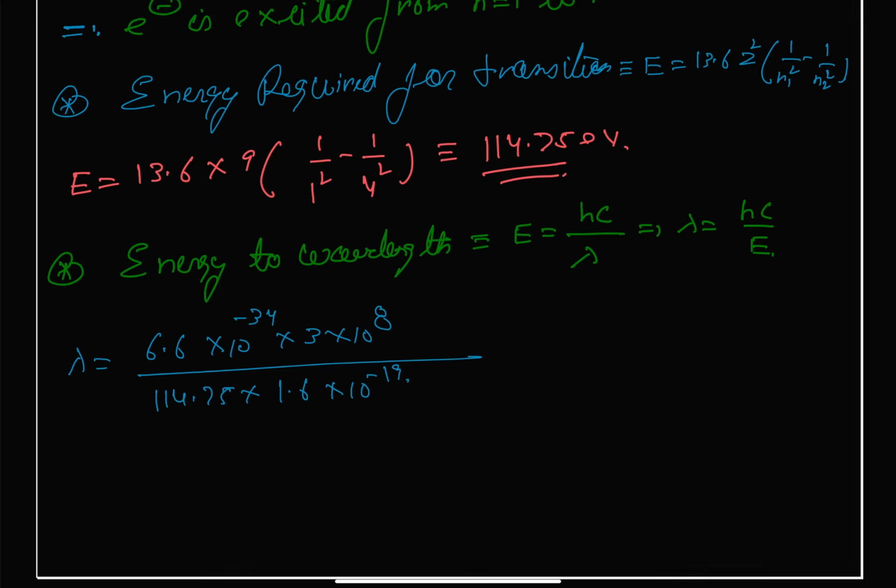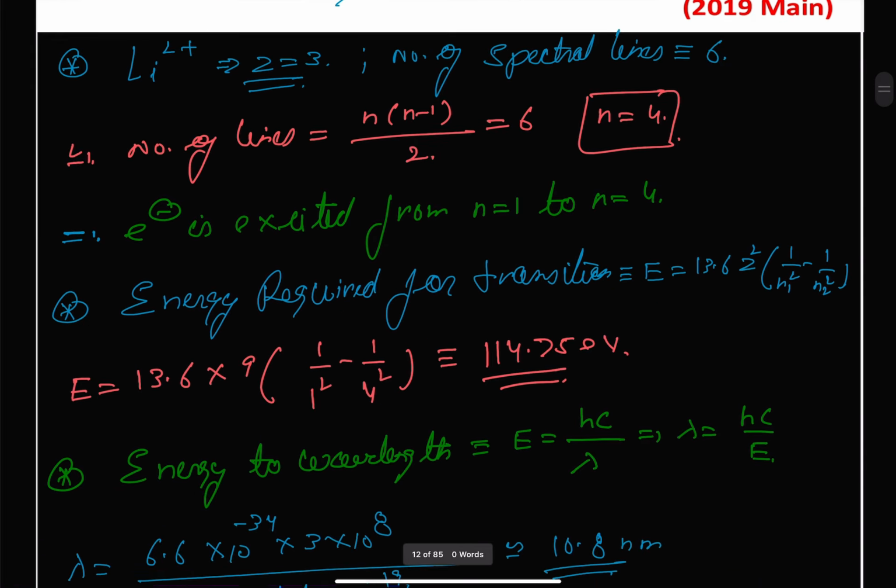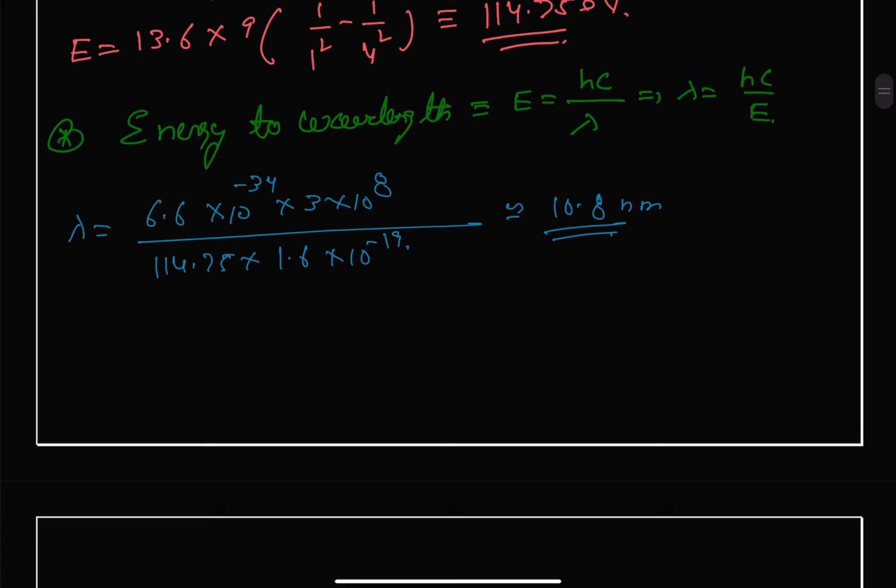So we get the wavelength will be equal to 10.8 nanometer. So option number C is correct. C is correct. Next question.